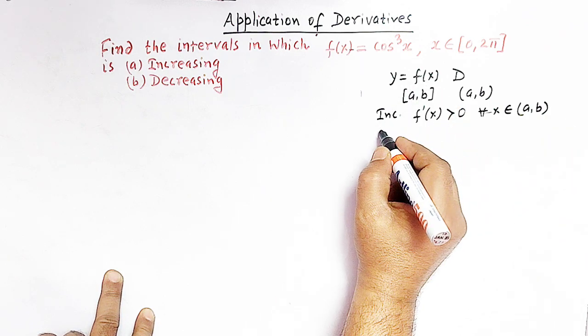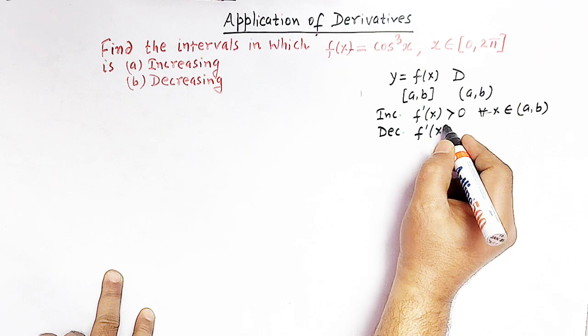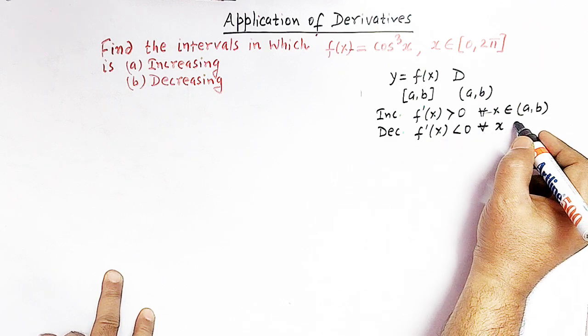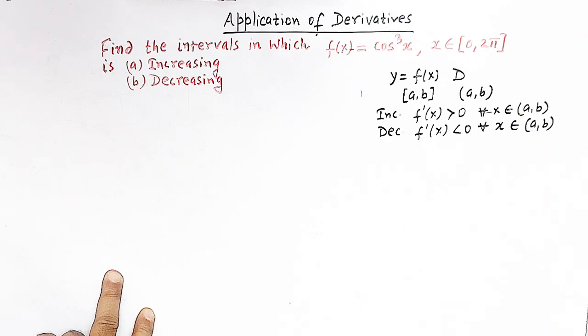And this function is said to be a decreasing function if f prime of x is less than 0 for all x belonging to a comma b, right?